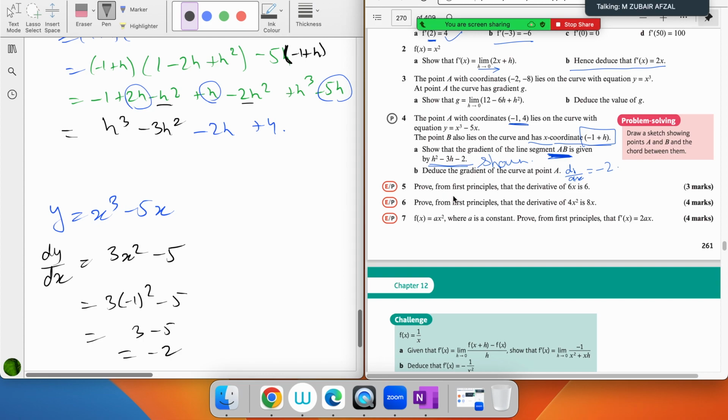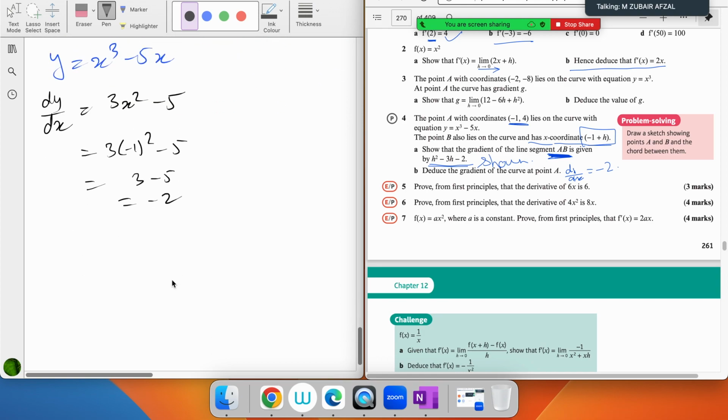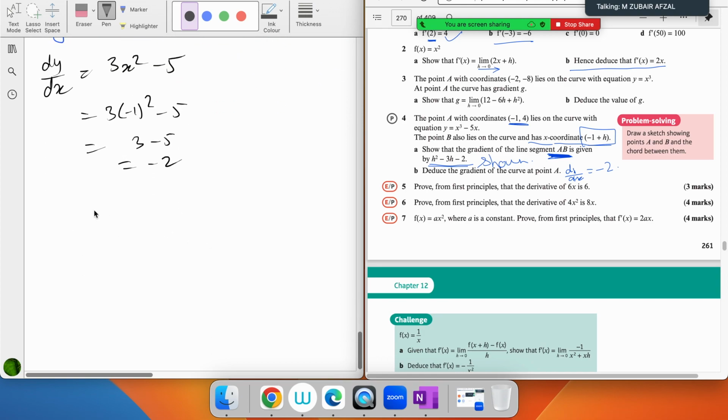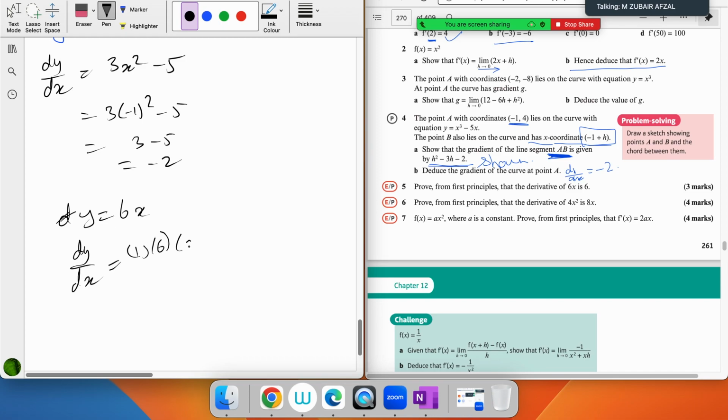Okay, prove from first principles that the derivative of 6x is 6. So the principles are basically the rules. So let us write y is equal to 6x. So dy by dx is equal to, you multiply with the power and subtract 1 from the previous power.